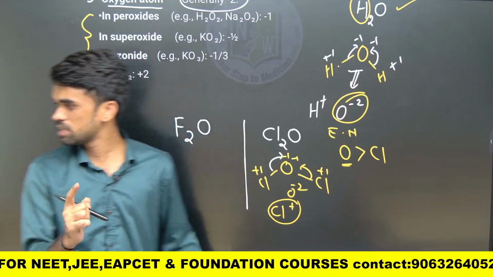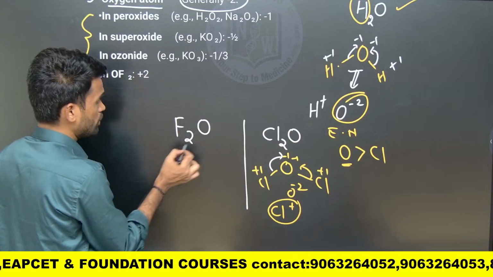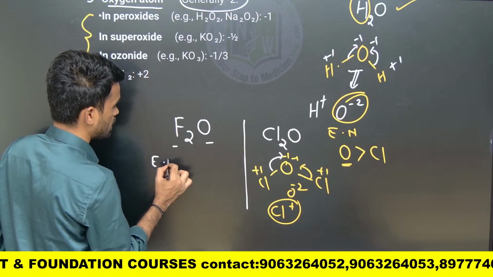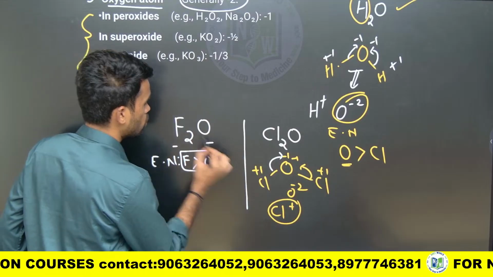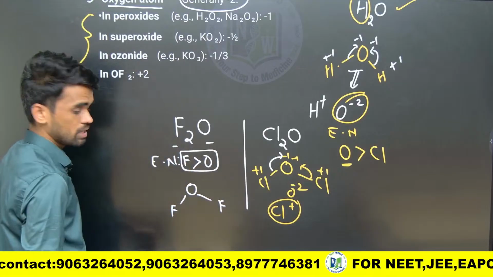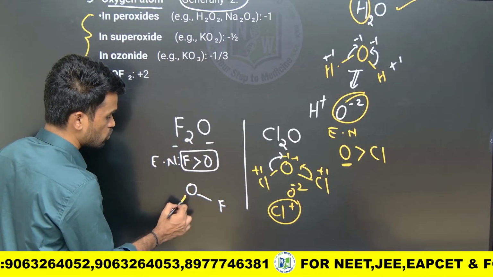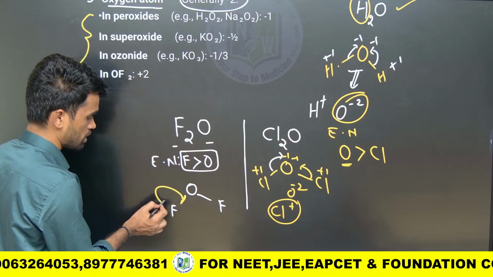Hope it is also clear, right? Now tell me in this case, which is more electronegative here? The electronegativity of fluorine is greater than oxygen, right? So now oxygen, fluorine we have. In this the bonded electrons move towards which side? The more electronegative side. More electronegative is the fluorine atom.